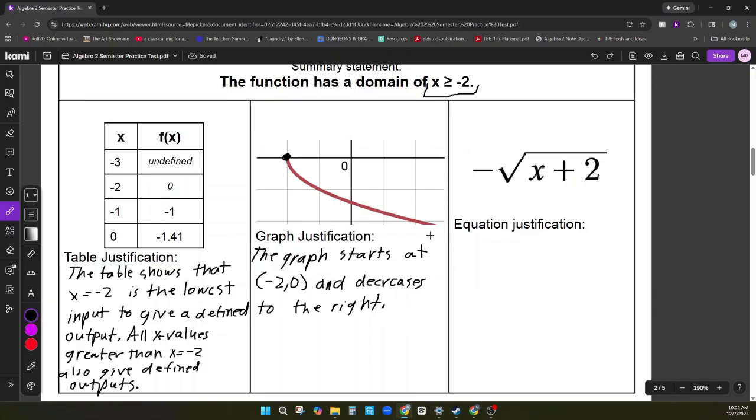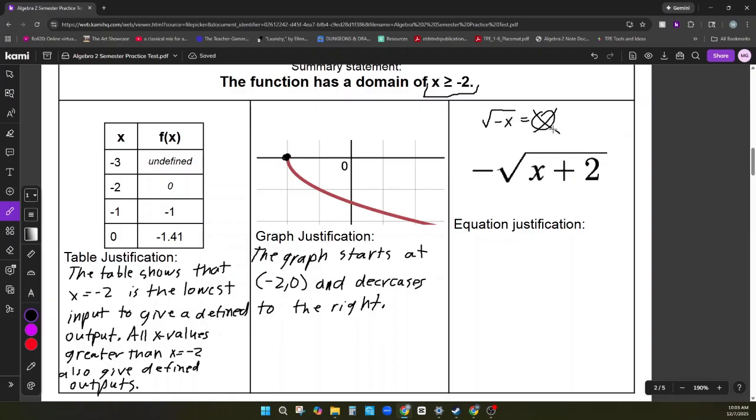So this is all you need to write in order to relate the graph back to your summary statement and make that justification. Now, our equation part is the hardest justification out of the three. I'll just fully admit that. What you need to do is think about the constraints of the operations in our equation or function. In this case, we know that we cannot have a negative number inside of our square root.